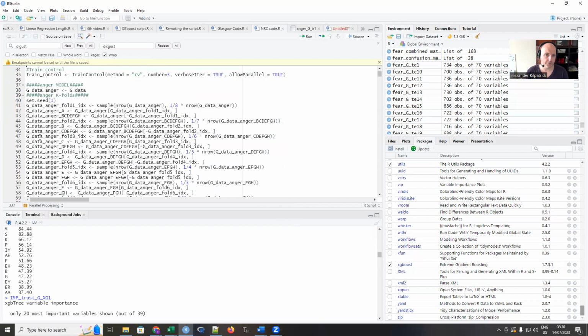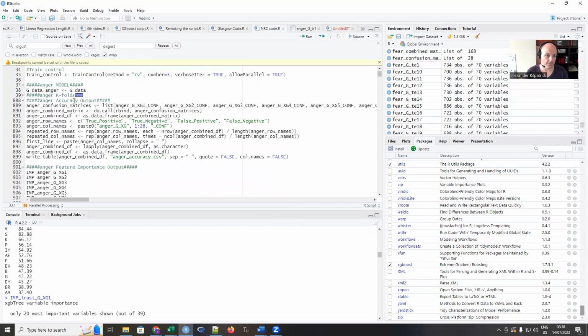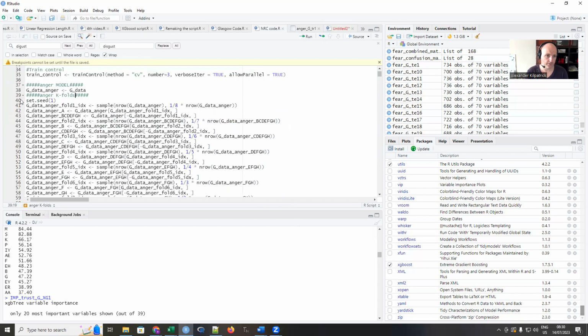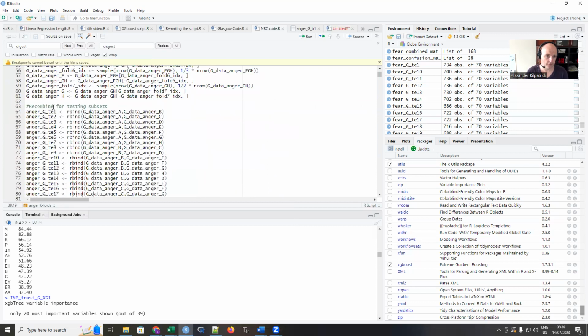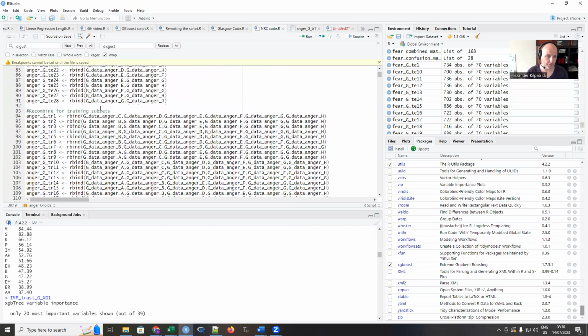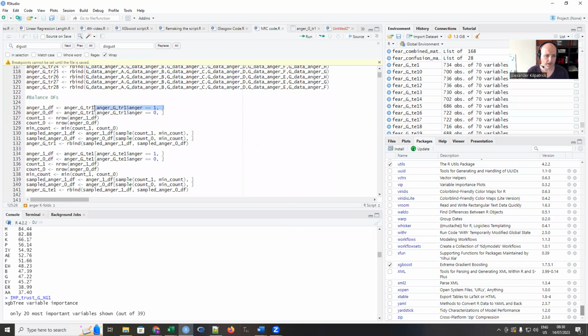All right, now here's where we start to get a bit different. We start building our k-folds, then recombining for testing samples, recombining for training samples. And now here's where the balancing occurs to balance those sample groups. I've done this after the k-folds. The reason for this is that because we're dealing with 90% null values, you're going to lose 80% of your samples that won't be included in the k-folds, because you need to balance them.